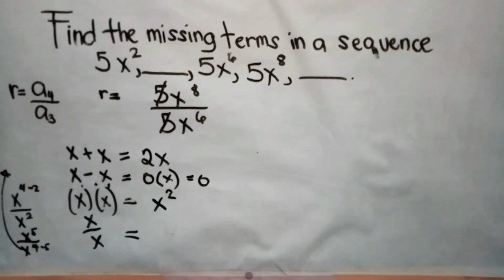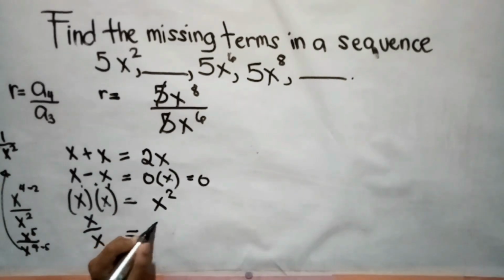Since you will put your answer at the denominator, you will write 1 at the numerator because it always has to be 1. Okay, 1 over x raised to 7 minus 5, and that is x squared. So here x divided by x is equal to 1.